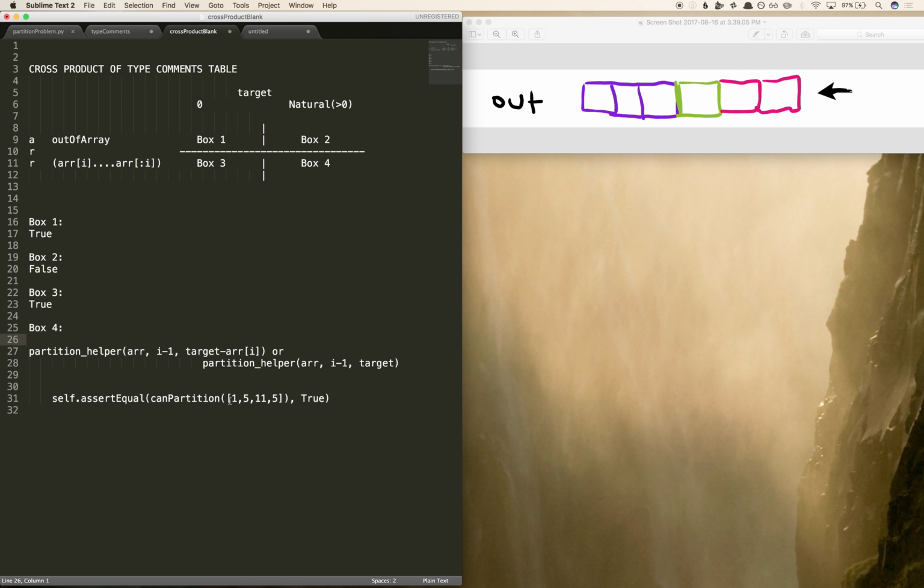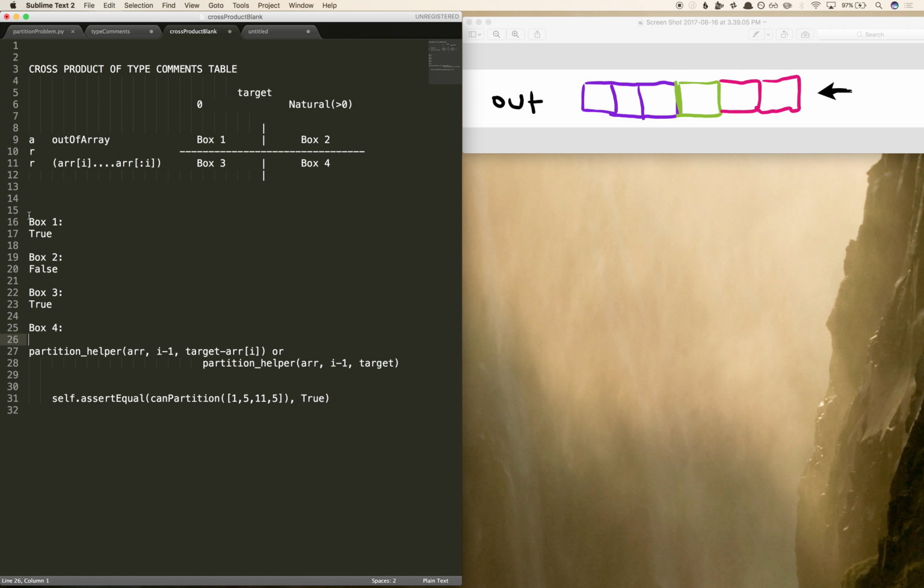If we have 5, 11, 5, and 1, and I take 5 into my subset, then the target sum that I'm trying to hit is 6. My target is 6, and I'm still in the array, so I'm in box 4. Then my function is going to try both things, the one in line 27 and the one in line 28.